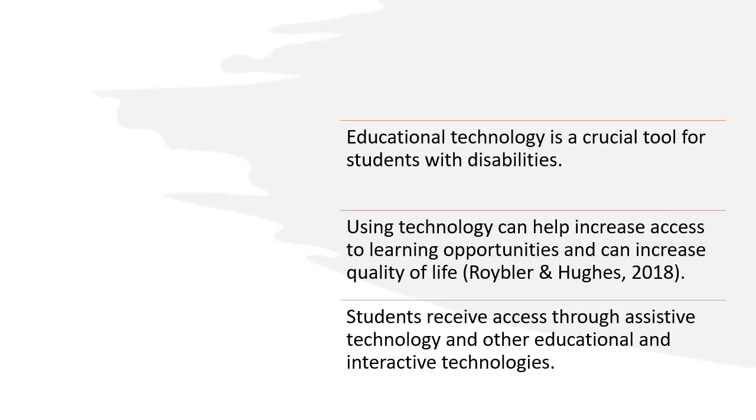So those things can include interactive touchscreens, communication devices or boards, and things like pencil grips or different chair modifications that help students functionally participate in their school environment.